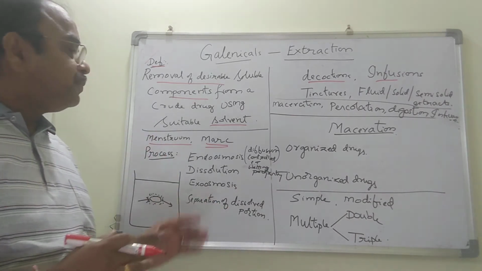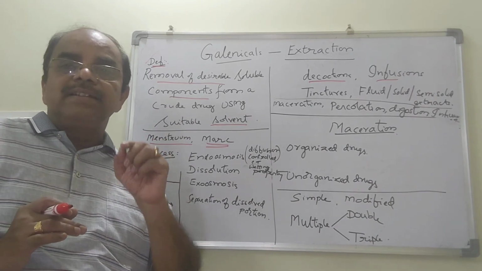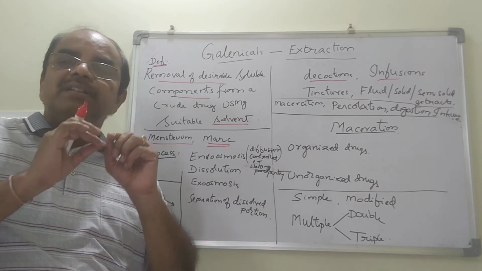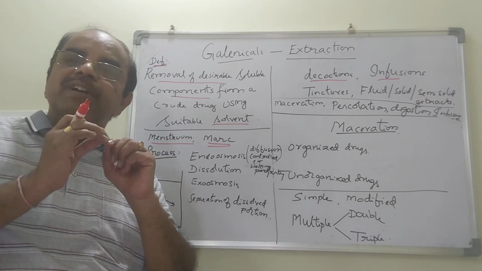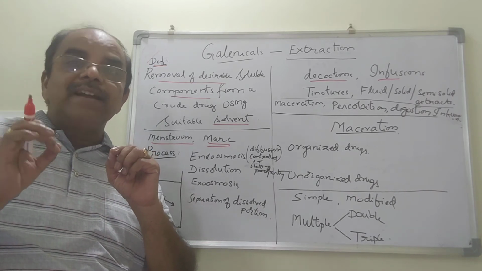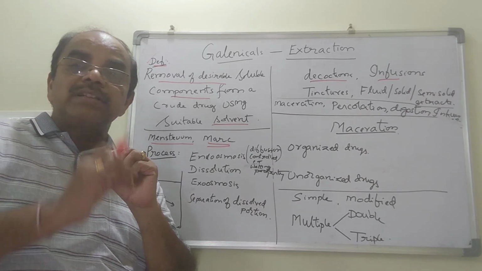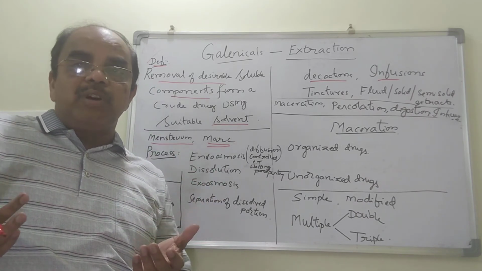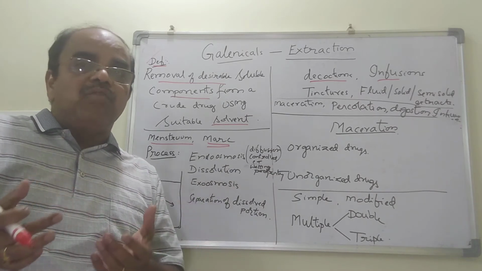The cell has a cell wall with capillaries and pores. We use a suitable solvent depending upon the active principle inside. It may be polar or non-polar. Generally, we go for polar solvents like alcohol and water.